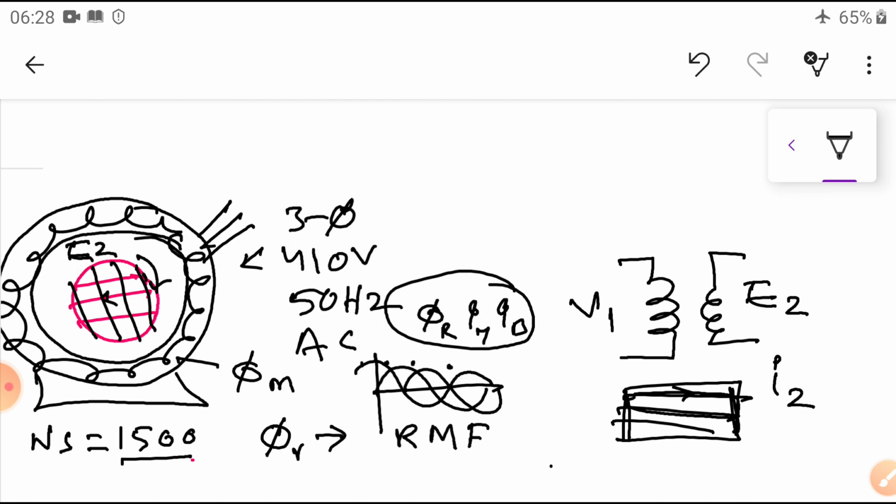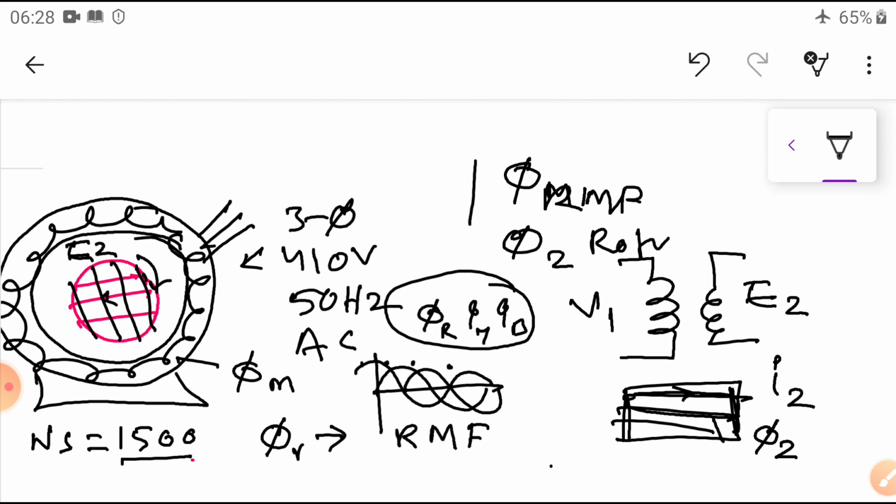Due to the rotor current, it also produces its own magnetic field, phi 2, and already phi 1 is due to the RMF.